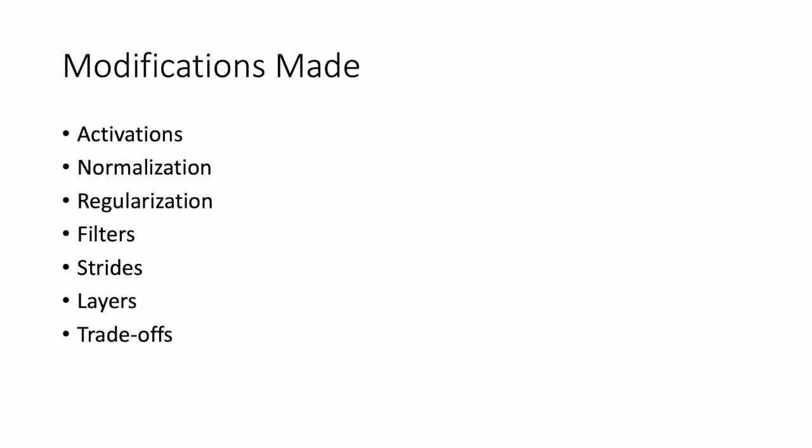In addition to the class weights, a lot of other modifications were tried and tested. Some of those included different activations, different regularization techniques like L1 and L2 regularization, as well as dropout layers. All different combinations of filters and strides were tested as well. Different orientations of layers, adding more dense layers, removing them, adding more convolutional layers.